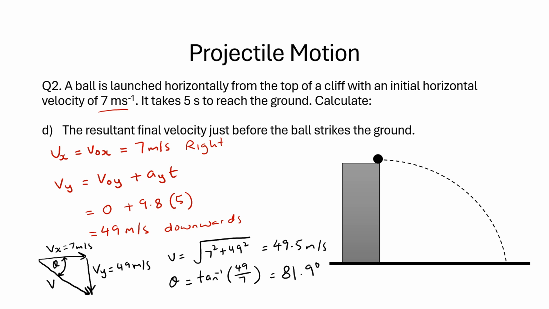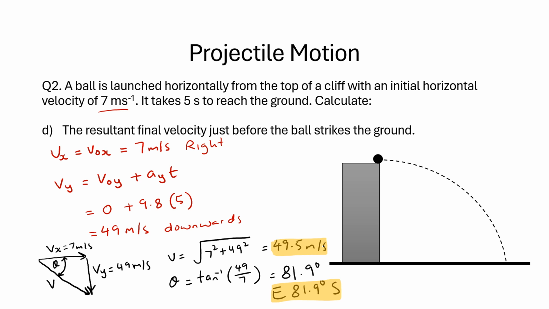This angle is directed to the horizontal, so from the velocity to the positive x-axis. So we can also say east 81.9 degrees south. The angle is between east and south, and because the angle starts from east, we would say east 81.9 degrees south. So the final answer for this question is 49.5 meters per second is the value of the velocity, and the direction is east 81.9 degrees south.